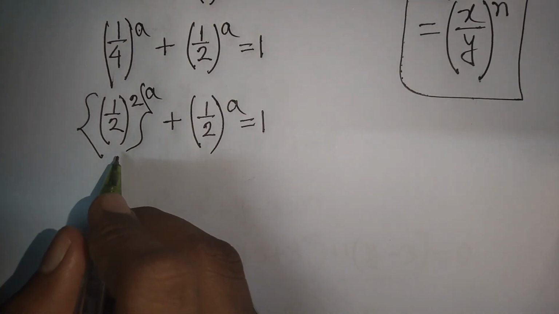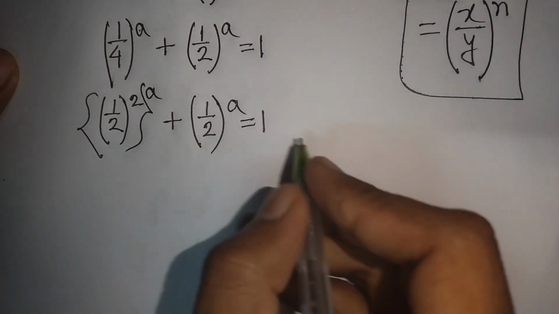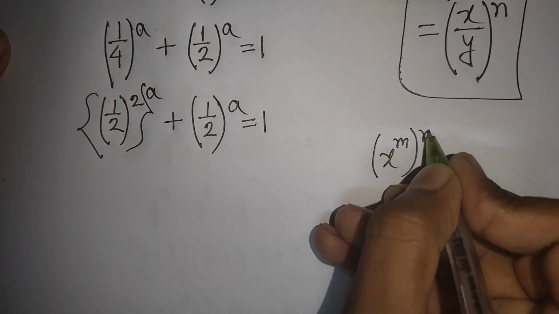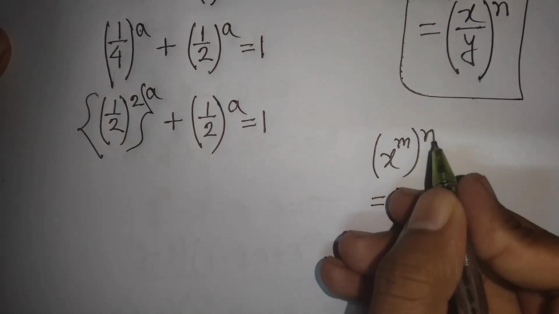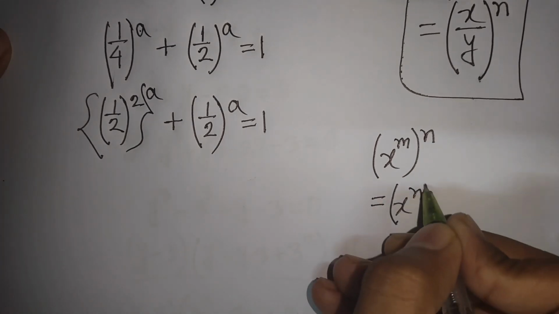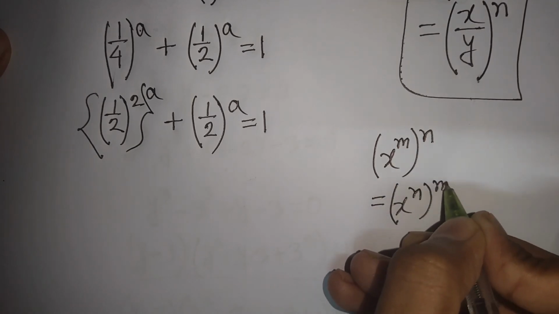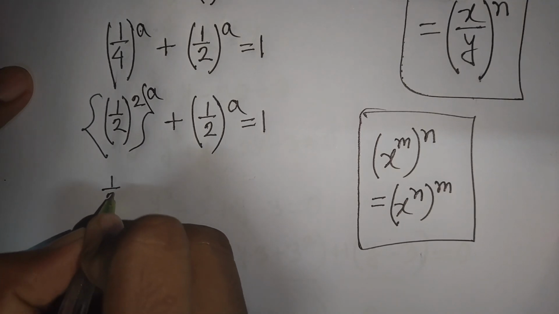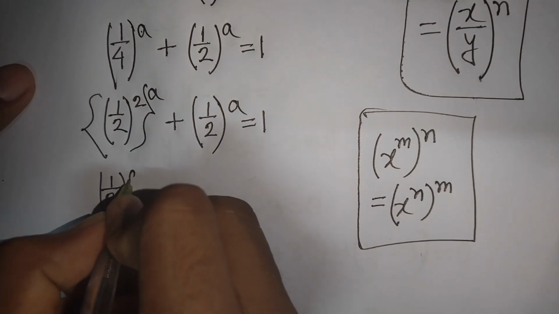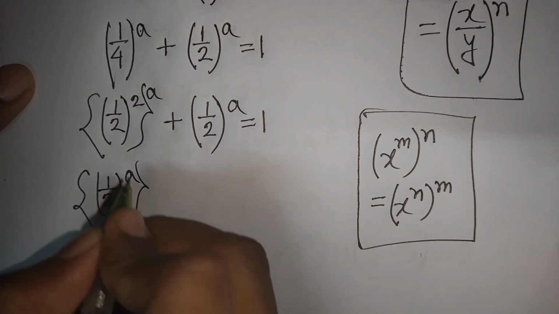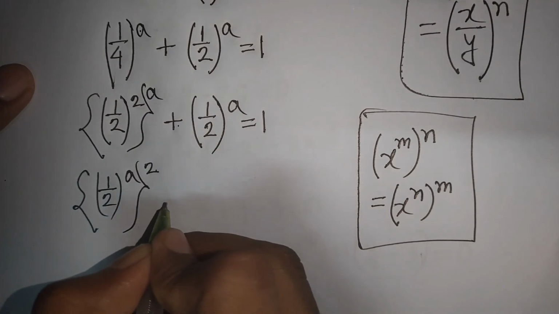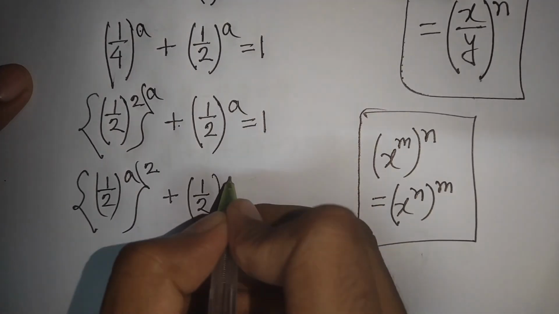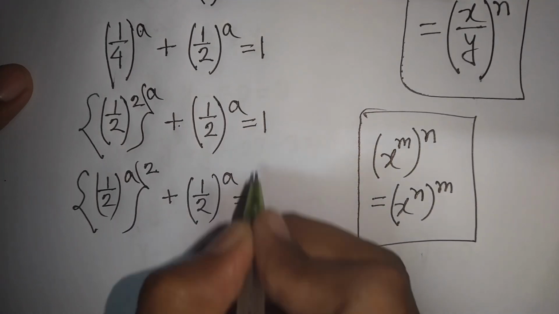Now here you can apply the rule that x power m bracket power n is equal to x power n bracket power m. So according to this rule, I can write here 1 by 2 bracket power a, then second bracket power of 2, plus 1 by 2 bracket power a is equal to 1.